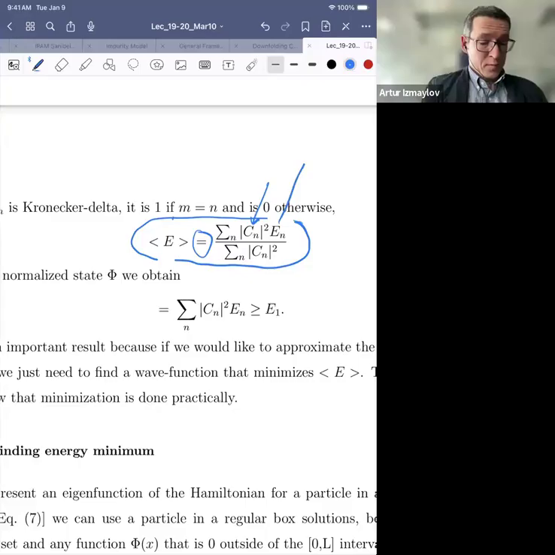And this energy is the average energy that you get if you do the measurement of the function that we started with, phi of x, and you measure the Hamiltonian. In every instance, you measure these energies that are eigenenergies. And if you average them according to this expression, which is written explicitly here, you will get the average energy.